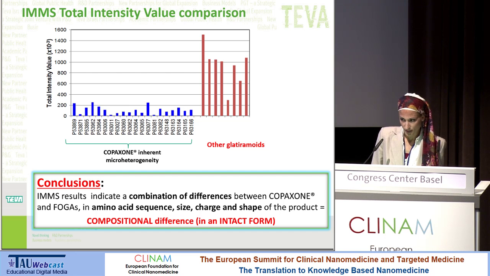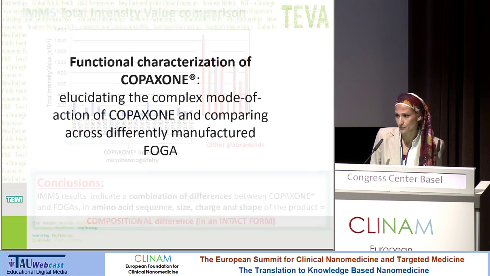On the right, we see 8 different samples that represent comparisons of 4 different FOGAs, which means that for some of them we have various batches in the picture. And first and foremost, we see the entire range is orders of magnitude higher, and there is also inter-batch variability, which represents significant compositional differences.